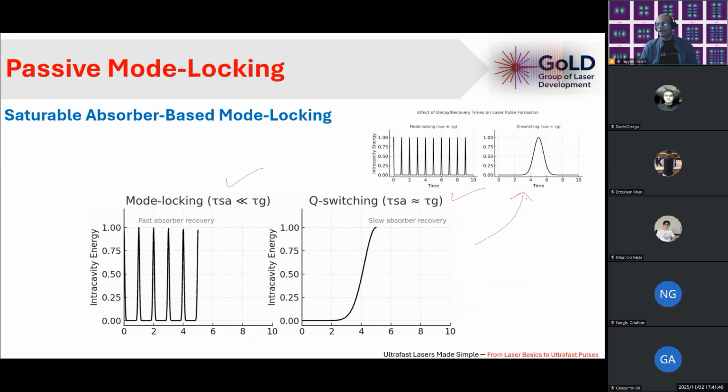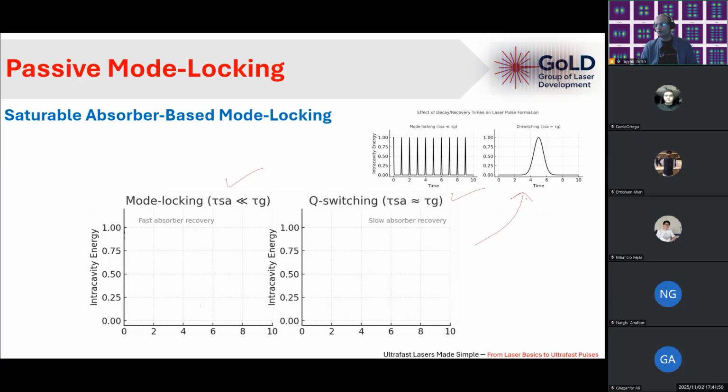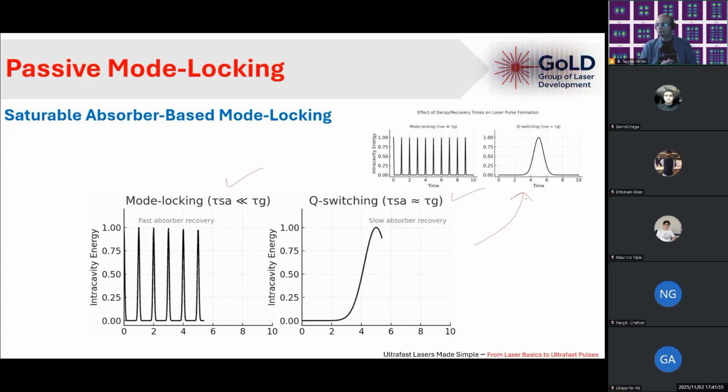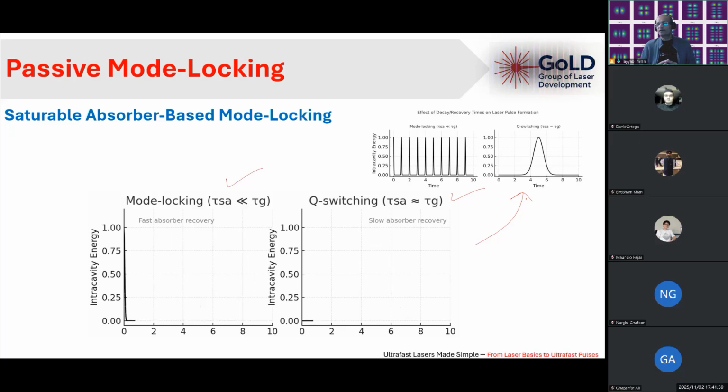On the left side, these mode-locked pulses, if you could see them on an oscilloscope, if you know what an oscilloscope is, probably appear exactly like this.